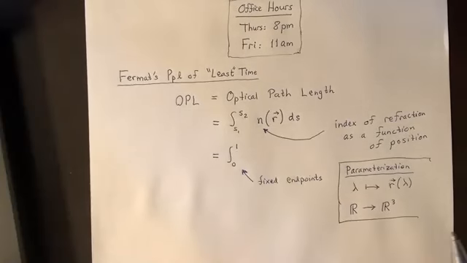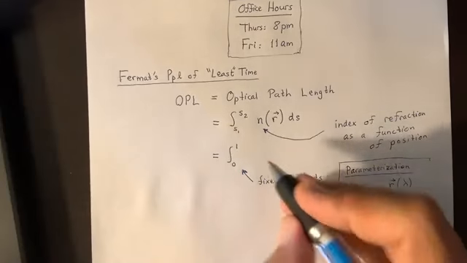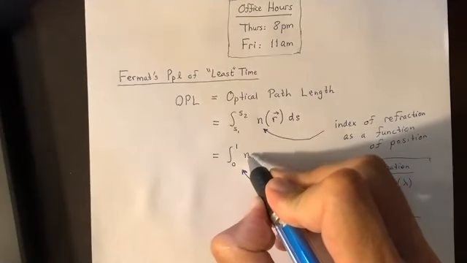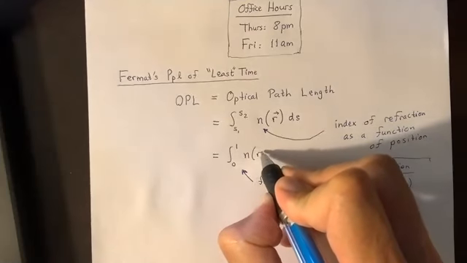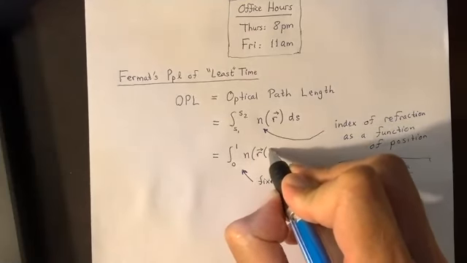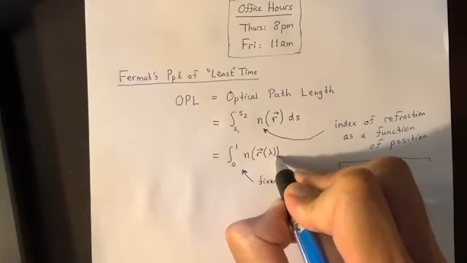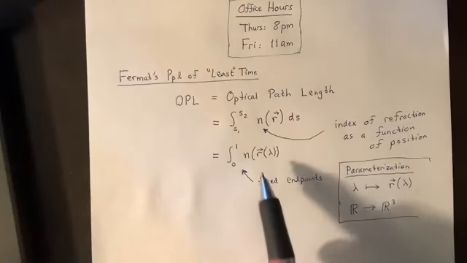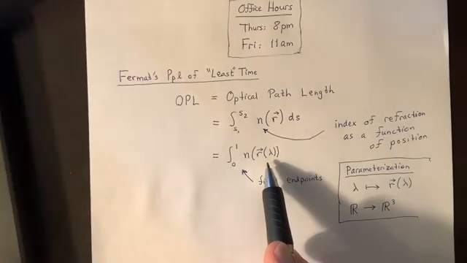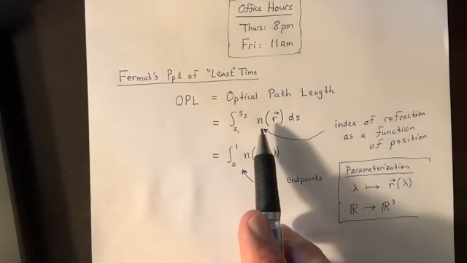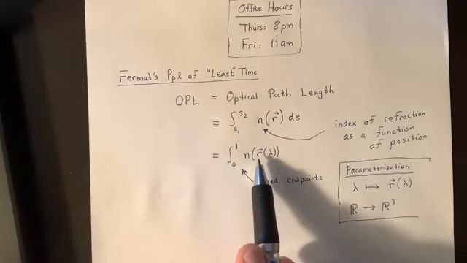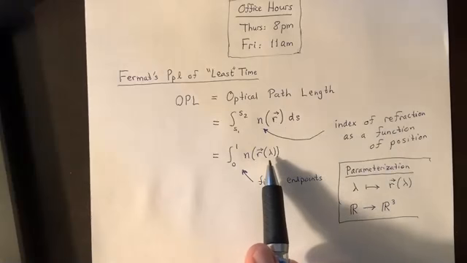Okay, so having said that, we now have functional composition, right? This is really now n of r of lambda, right? A wonderful construction. We welcome any sort of nice functional composition like that. So we have the index of refraction evaluated at the location that we're currently at, and that's r of lambda.